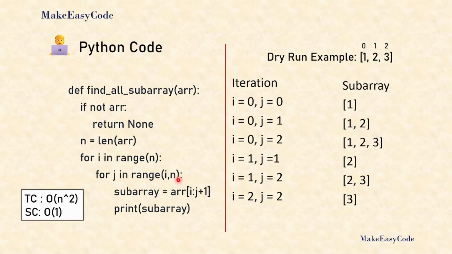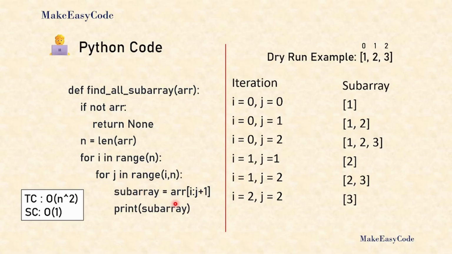Because subarrays are contiguous and they must begin at i and extend up to j. So for i equal to 0, j will go from 0 to n minus 1. And for i equal to 1, j goes from 1 to n minus 1, and so on.